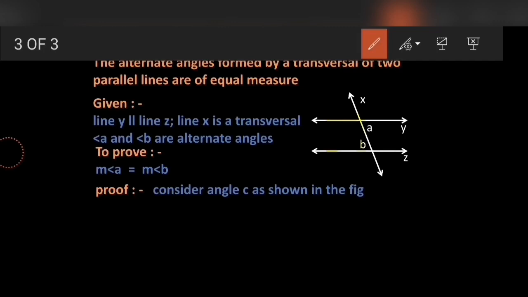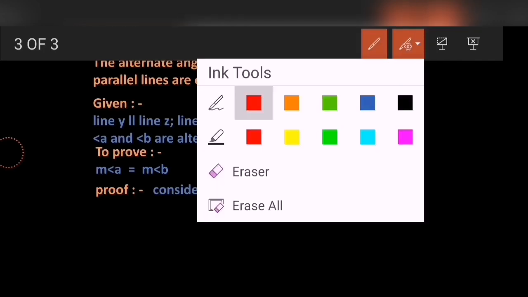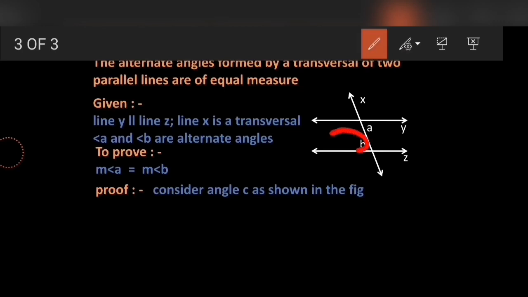If I draw C over here, then B and this angle can be considered as interior angles. Or if I draw C over here with A, then over here we can consider the interior angle. Correct? So any one of them can be chosen.